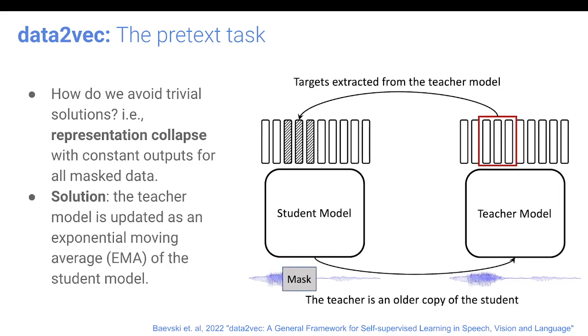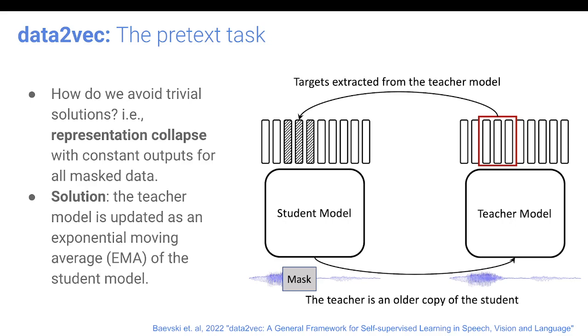The solution to this problem is that rather than using a teacher model that is an exact copy of the student, what about using a teacher model that is just a slightly older copy of the student? To do this in a streamlined way, you can use an exponential moving average of the student model.